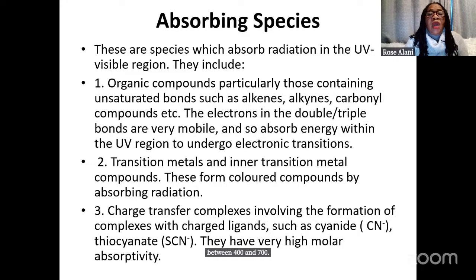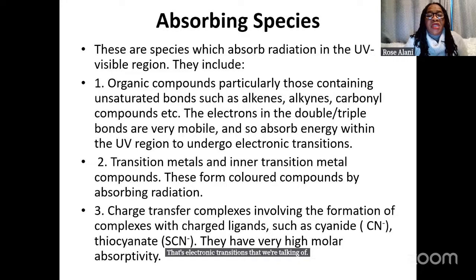One of such species is the organic compounds, particularly those containing unsaturated bonds like alkenes, alkynes, carbonyl compounds, and so on. The electrons in the double or triple bonds are very mobile, and so they absorb energy within the UV region to undergo the electronic transitions that we're talking of.